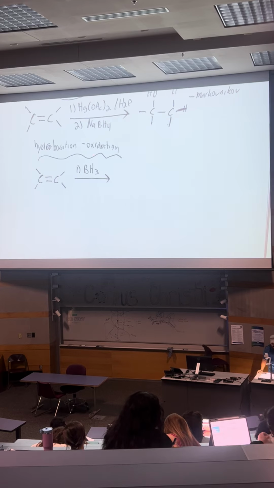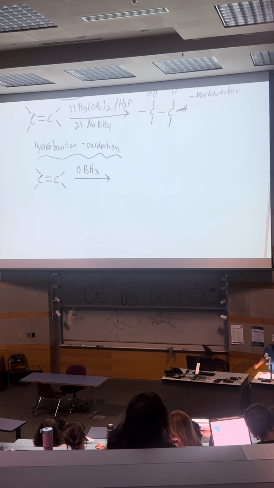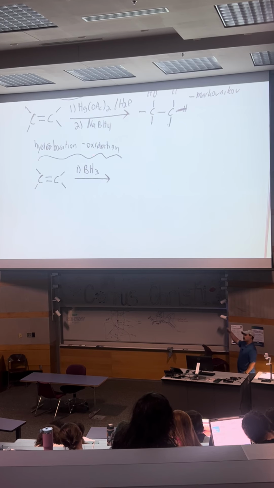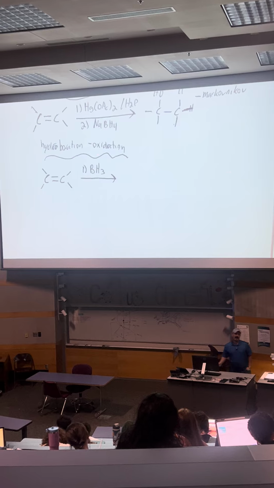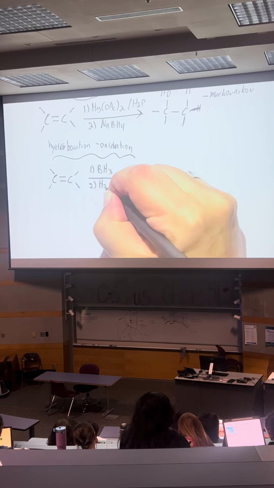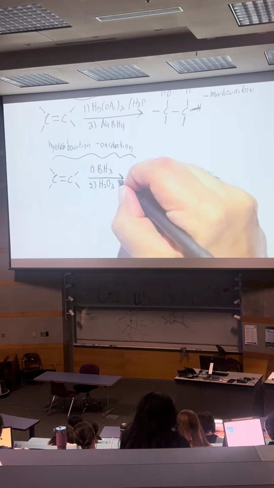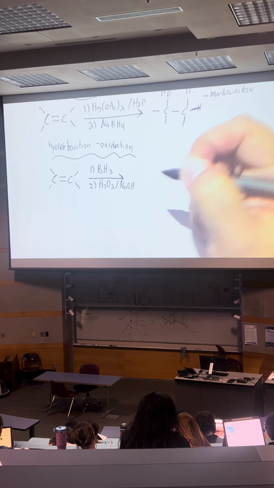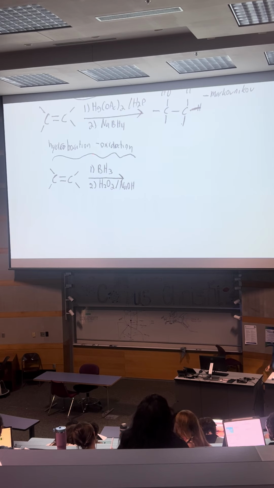Now, this is not boron as in sodium borohydride, the reductant, but in the first step, boron as in this reagent here, BH3, is borane, B-O-R-A-N-E. Depending on the textbook you're using, if you're using the one we call for this course, which is by Klein and generated by Wiley, it doesn't use borane.